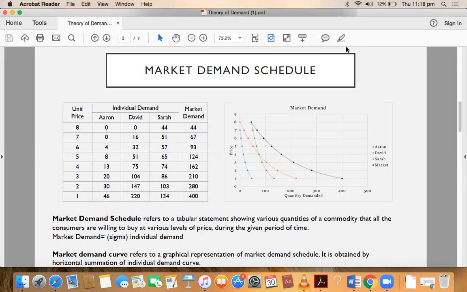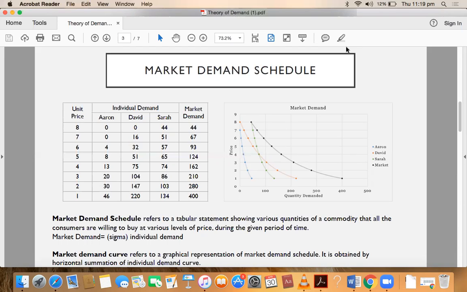At the price of rupees 8, demand of Aaron is 0. Demand of David is 0. And Sarah demanded 44 units of the commodity. And market demand is 44. At the price of rupees 7, Aaron's demand is 0. David's demand is 16.